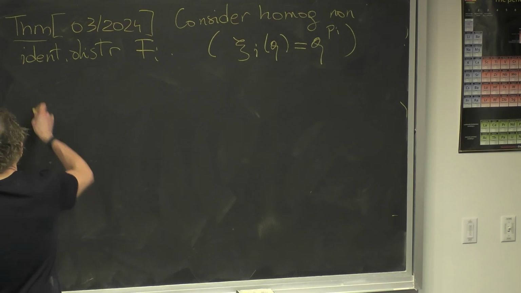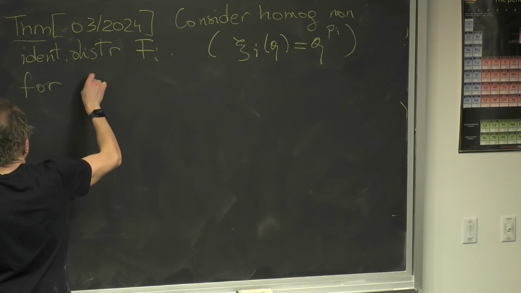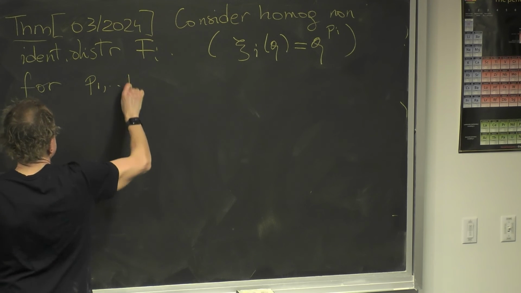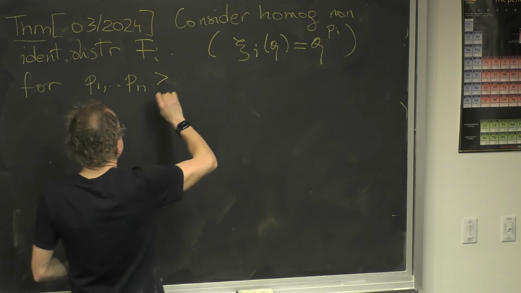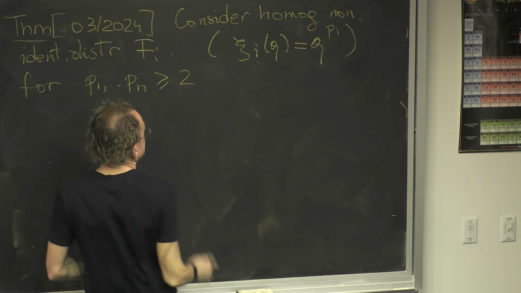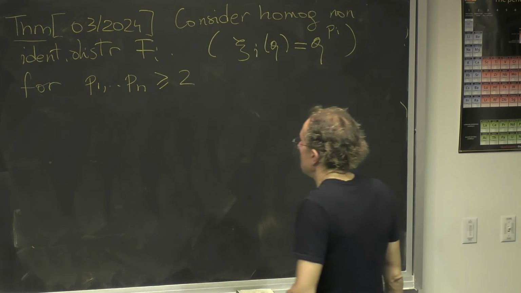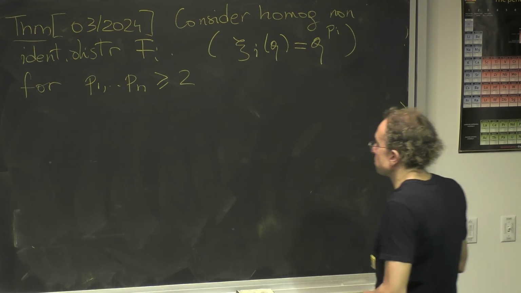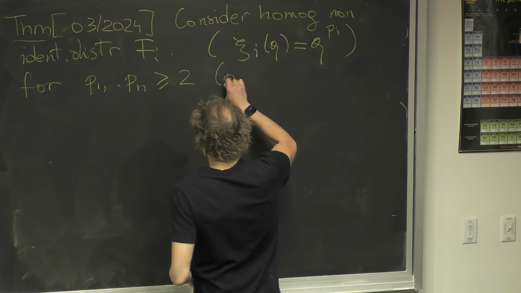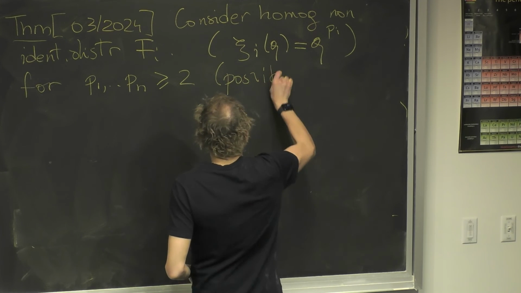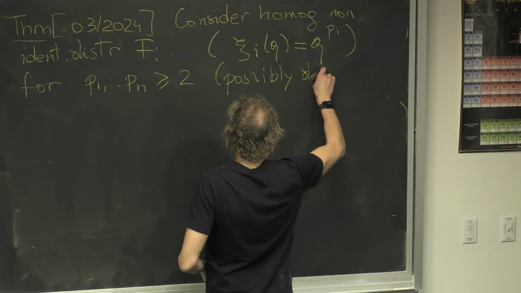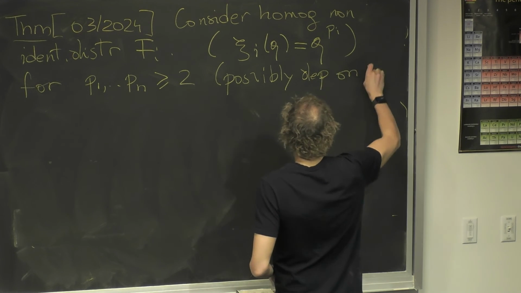So for some p_1, ..., p_n bigger than 2, because otherwise it's trivial, and arbitrary, possibly dependent on n and d.